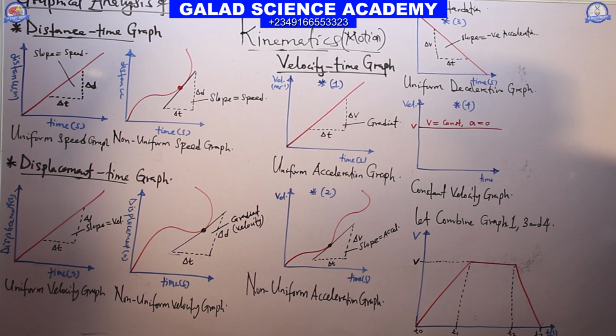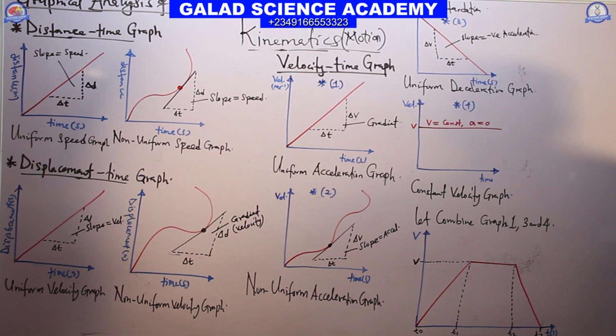But in case we have velocity against time, velocity in meters per second, time in seconds, and by drawing the graph, the curve is going like this. You can see that it is not straight.